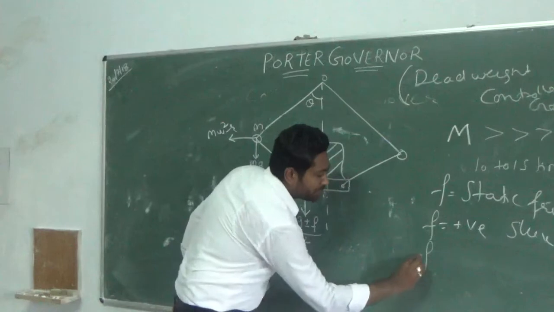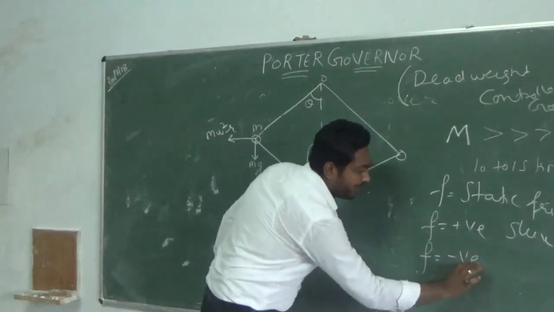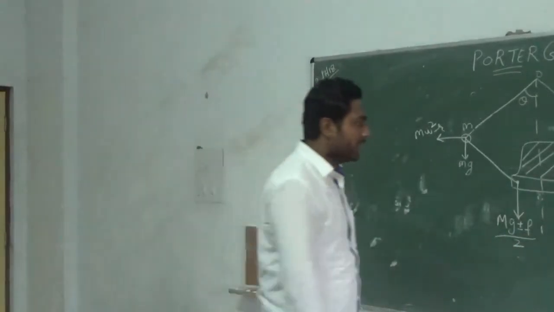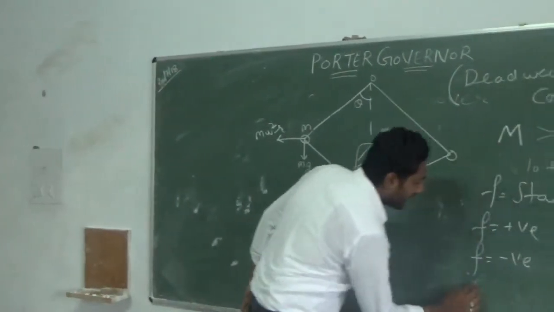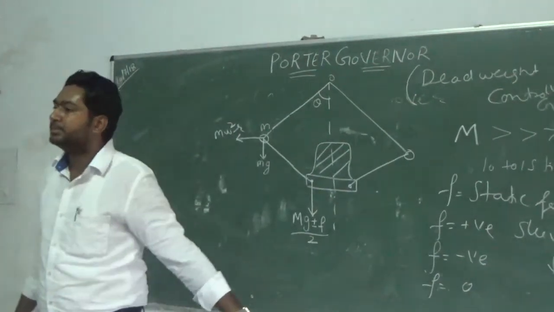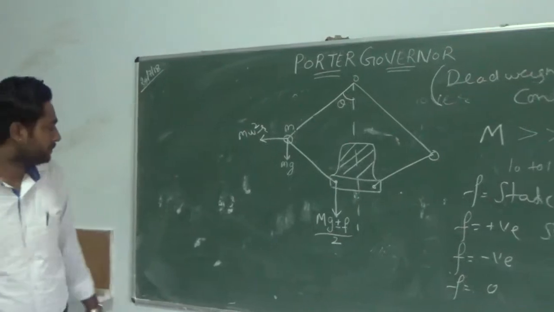The value of small f is negative when sleeve moves downward, and f is 0 when it is not given. Okay.